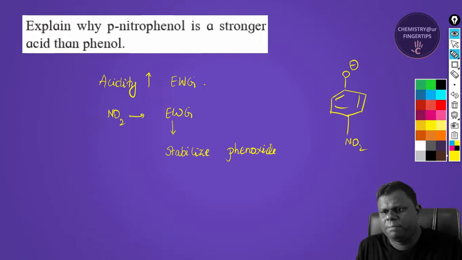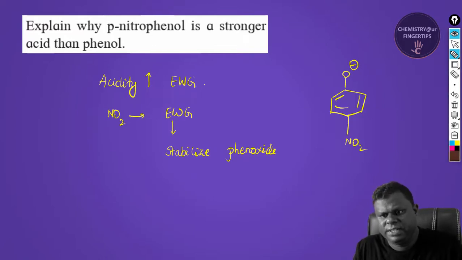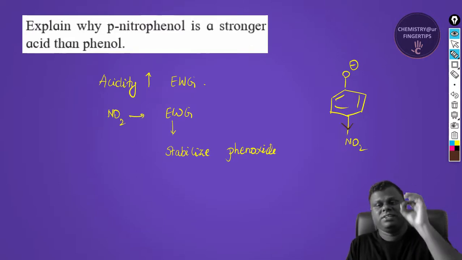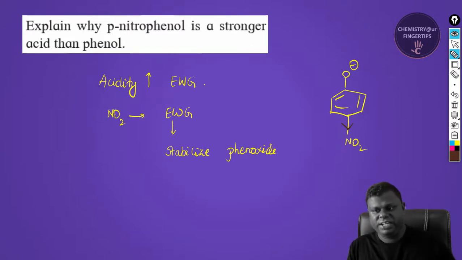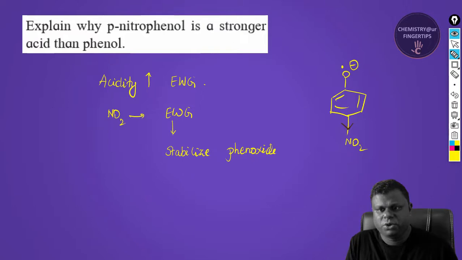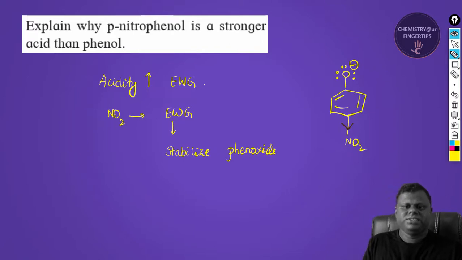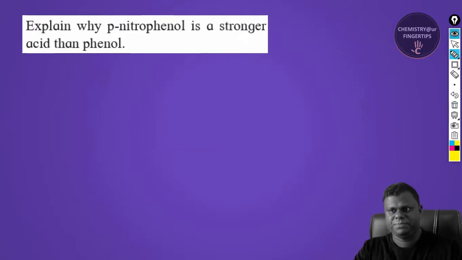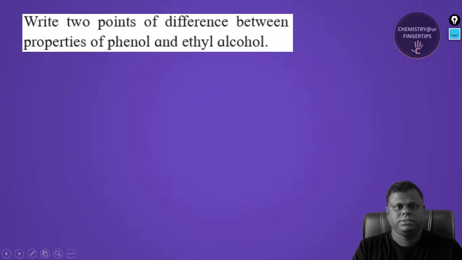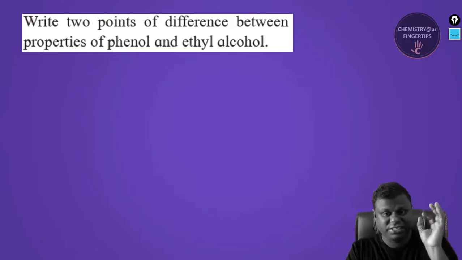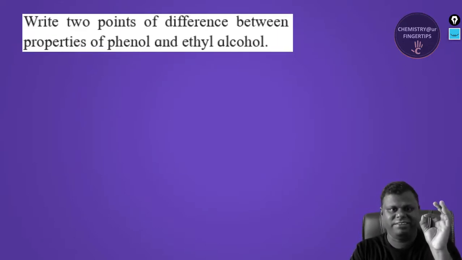Now this is going to pull the electrons towards itself. So electron density on this phenoxide is going to decrease, as a result of which charge decreases, stability increases. So it's much stronger. So NO2 is an electron withdrawing group that destabilizes the phenoxide ion, not destabilizes, sorry, it stabilizes the phenoxide ion.